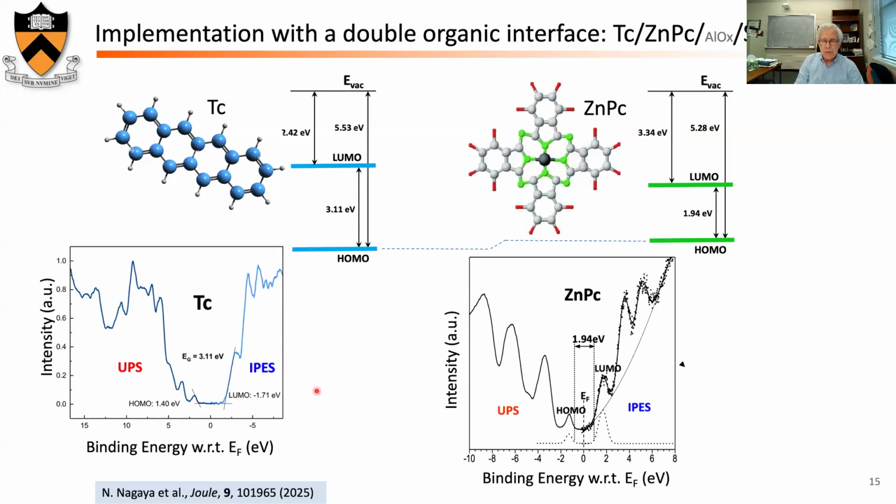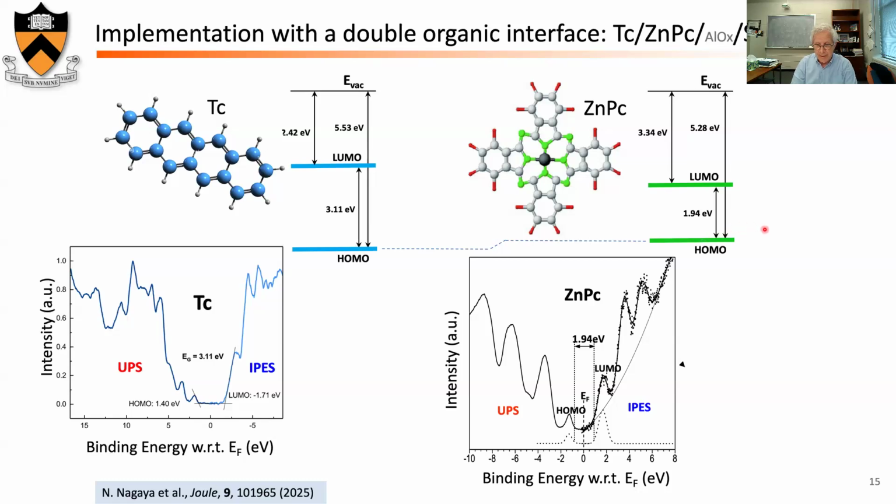So then we introduced a second extremely thin intermediate molecule, zinc PC. Through electron spectroscopy, you can determine its ionization energy, which is 5.28 electron volts, so 300 millivolts smaller than tetrazine. It was then expected that the zinc PC would create a kind of ladder structure in between the tetrazine and the silicon.